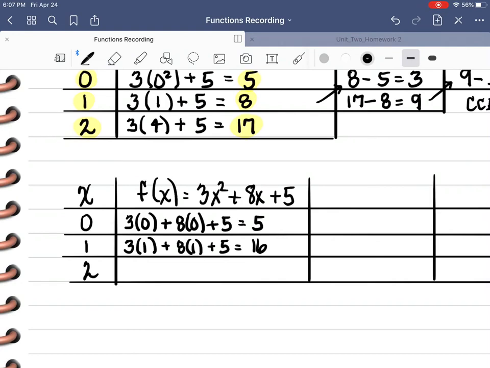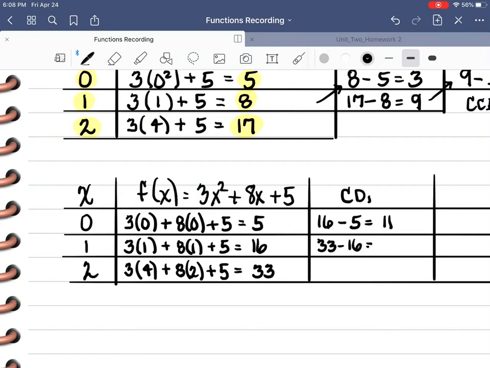Okay, that's good. And then 3 times 2 squared plus 8 times 2 plus 5 is going to be 33. So the first consecutive differences will be 16 difference 5 and 33 difference 16.